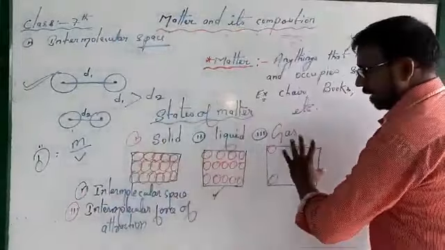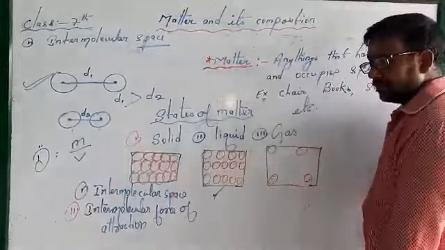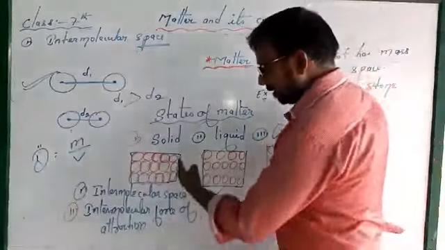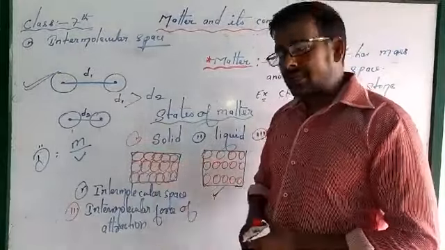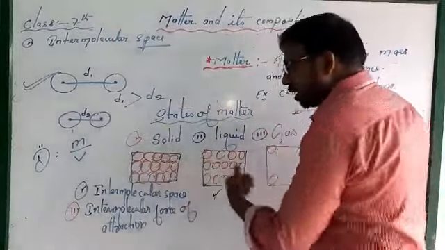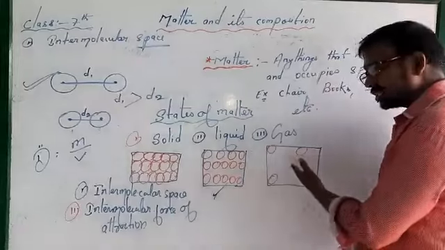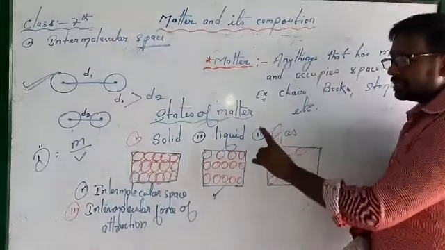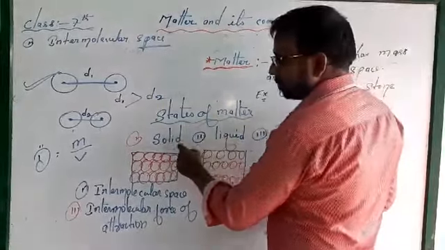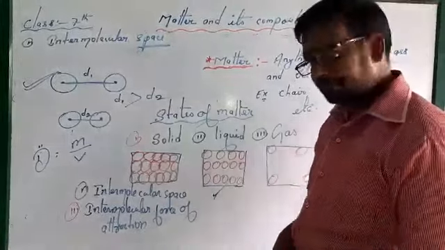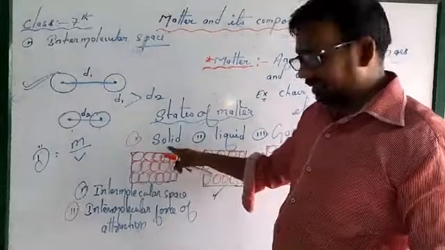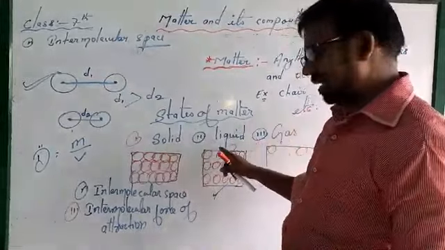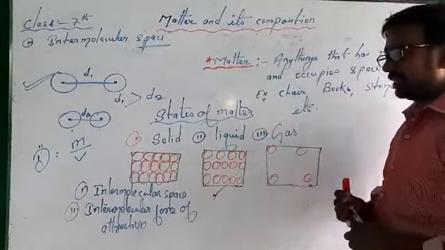Here I have taken the same volume, but mass will differ. Why? Here you can see more molecules, means more mass. Here fewer molecules compared to solid, and gas has the least number of molecules. So solid has more density, liquid has less density than solid but more than gas, and gas has the least density.